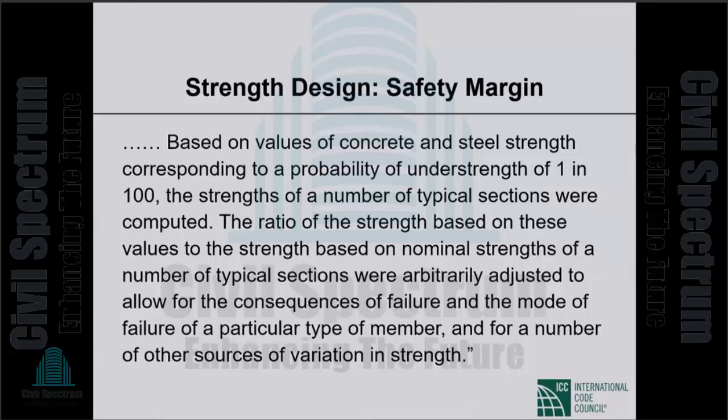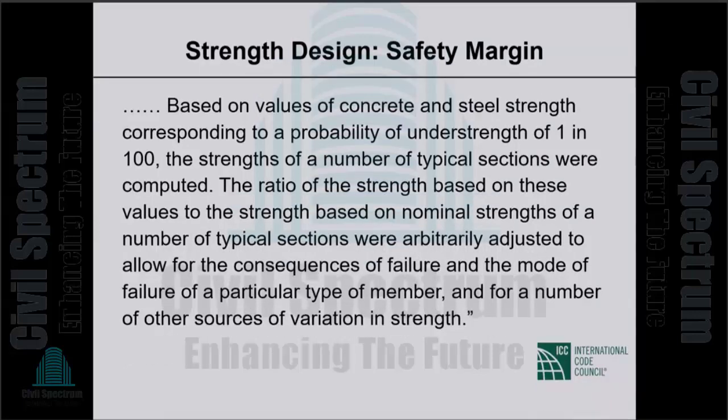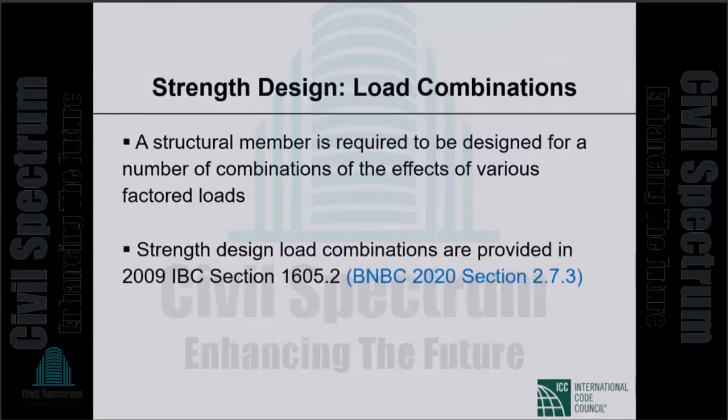The ratio of the strength based on these values to the strength based on nominal strengths of a member of typical section. Anyway, I'm not doing the best job of reading. I would let you read it. So Jim McGregor in that pioneering paper gives you the basis for the load factors and the phi factors used in ACI 318.